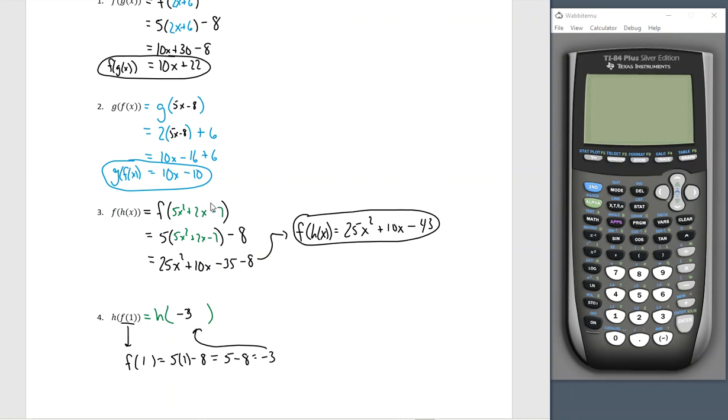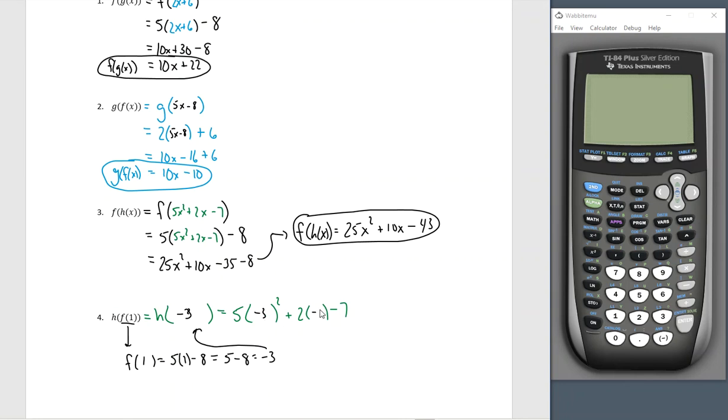So now I can look at the function h. It happens to be right here since I've scrolled past it. That is 5 times something squared plus 2 times something minus 7. And we just found that f of 1, the formal name of that, quote, something, is -3.